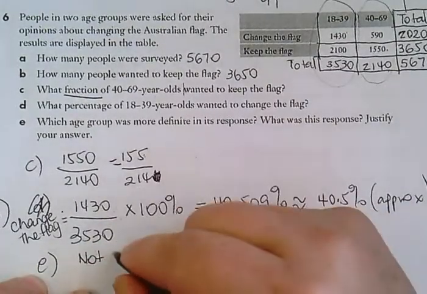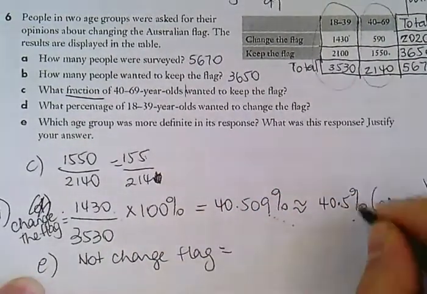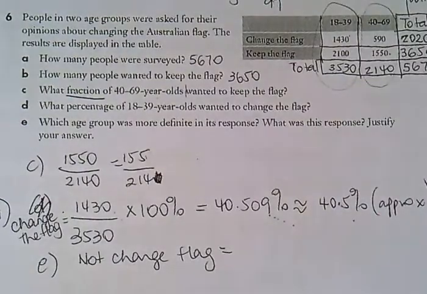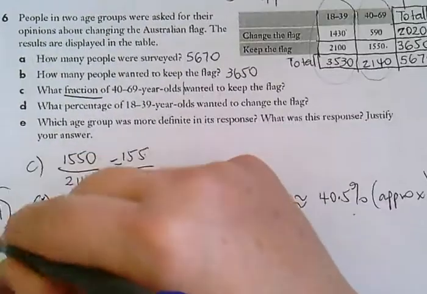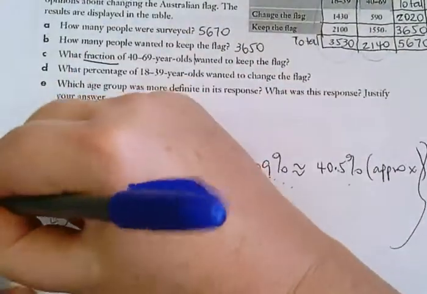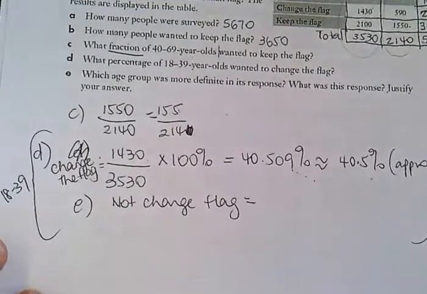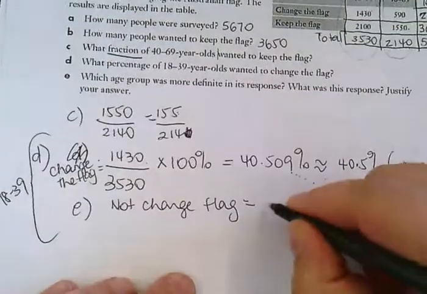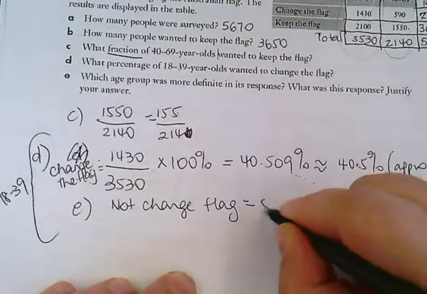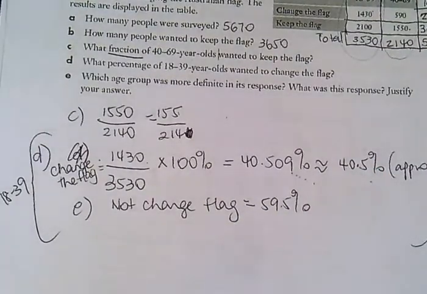Isn't it just under 60%? 18 to 39s, 40 are for changing, 60 say no. It's approximately 59.5% no. So that's a 40-60 split.